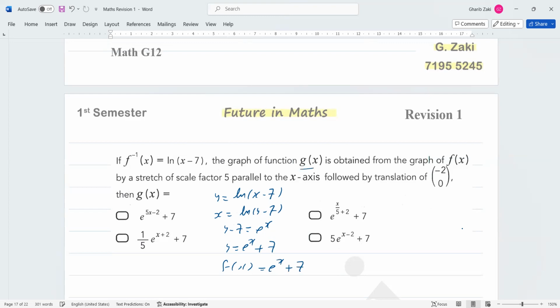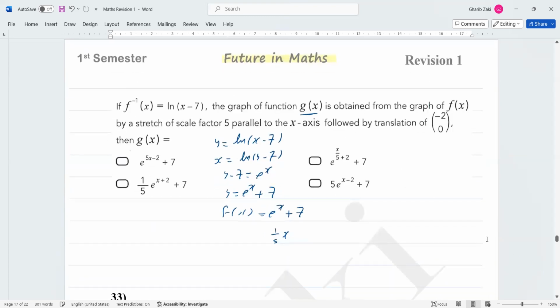Now, it said g of x is obtained from f of x by a stretch of scale factor 5 parallel to the x-axis. So it's 1 over 5x with e. So e power 1 over 5x, this plus 7, followed by translation minus 2.